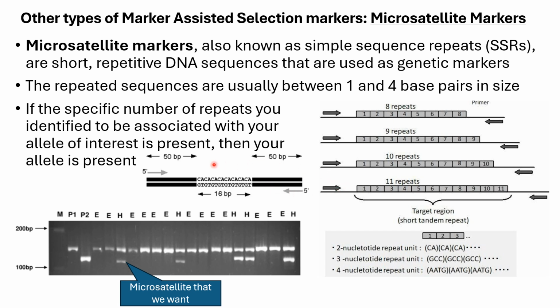And then you will look at other organisms and see, do they have the gene of interest, and do you find this microsatellite around them, yes or no? And if this microsatellite is associated with your gene of interest, then you know that you can look for only that. Otherwise, you look for that if it is with a gene that you don't want or something. But that is basically how it works.